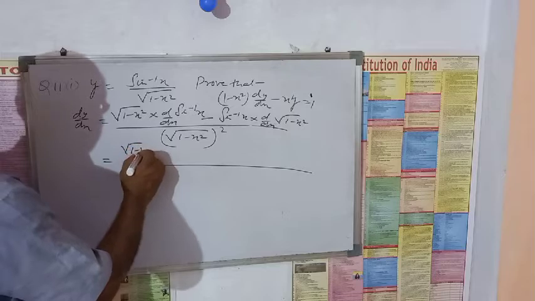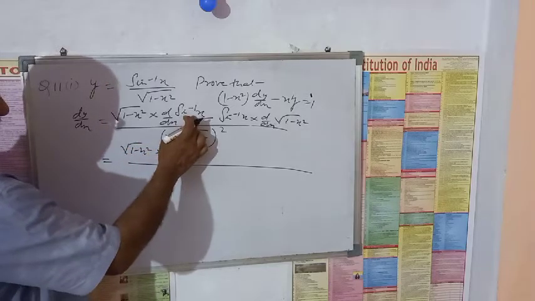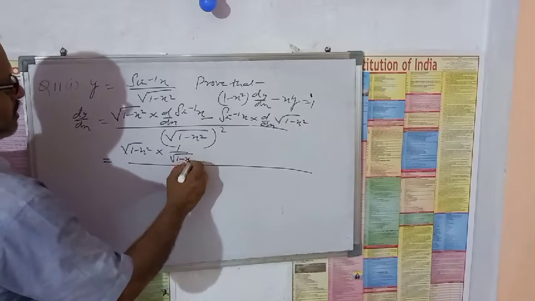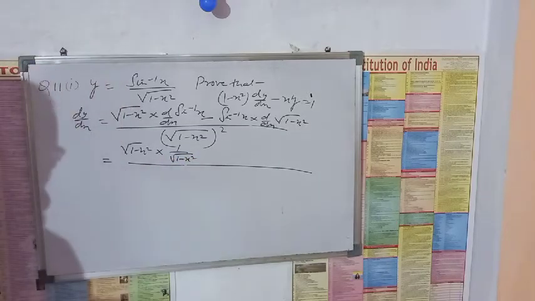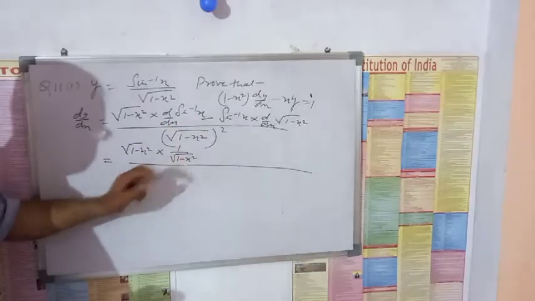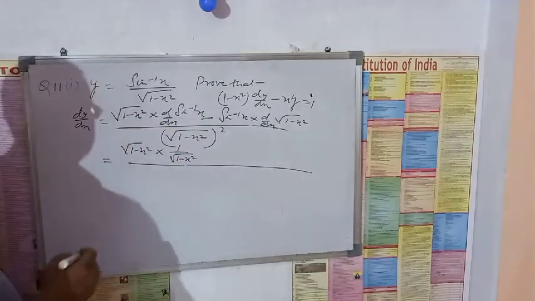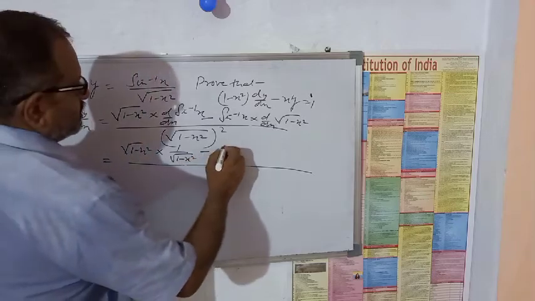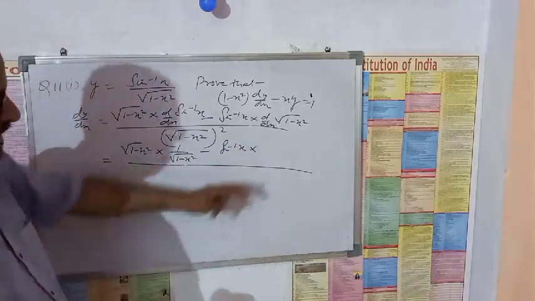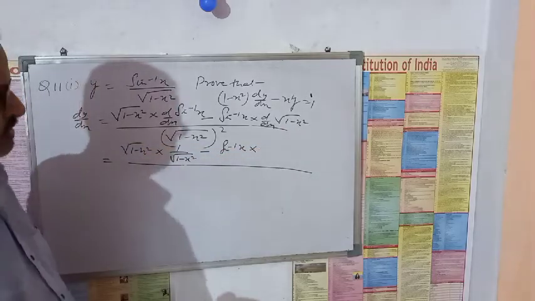Sin inverse x derivative, we know that it is 1 upon under root 1 minus x square. How can we differentiate root 1 minus x square?